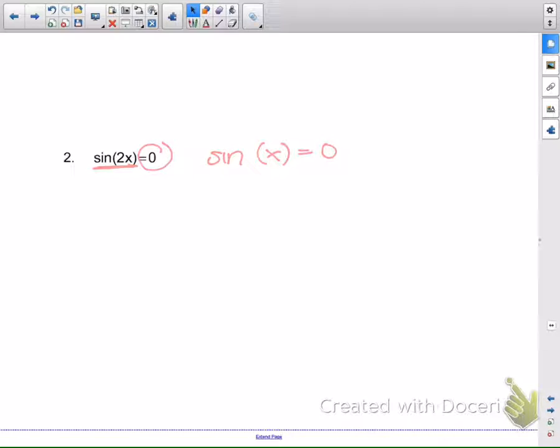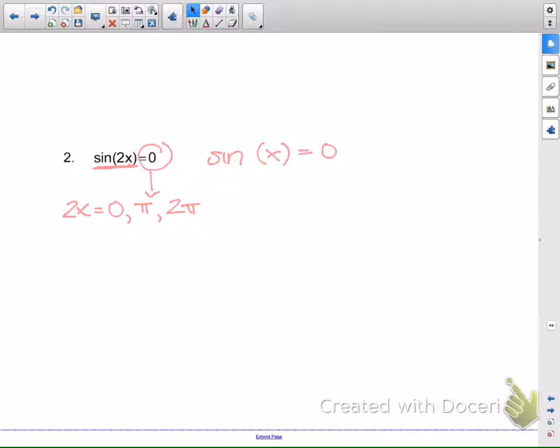So when I ask myself where is sine equal to 0 in my unit circle, that's solving for 2x. It's not actually solving for x, so it takes one extra step at the end here. Okay? So let's answer the question, where does sine equal 0 in our unit circle? 0 and pi and 2 pi.